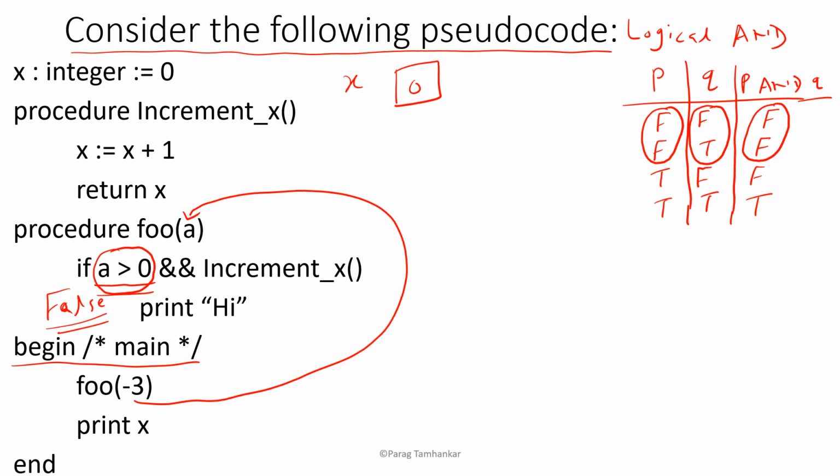Okay, so if first part of the condition is false, we don't bother to evaluate the second part of the condition. Hence, since this a greater than 0 is false, we will not bother to execute this function. So this function will not be executed at all, right, due to short circuit evaluation, and the entire if condition results in false.